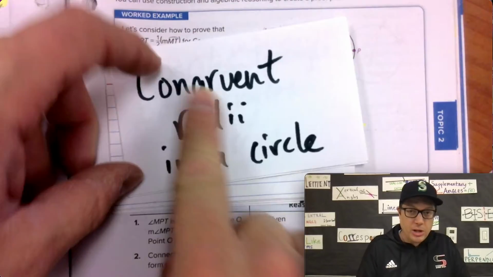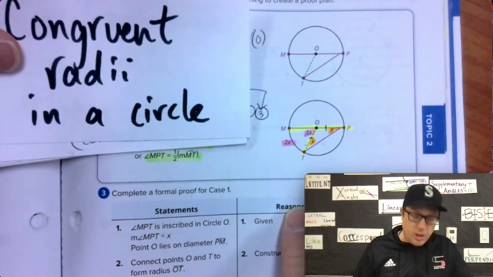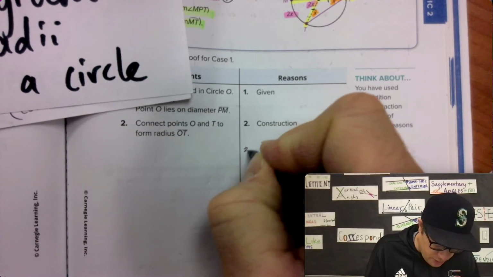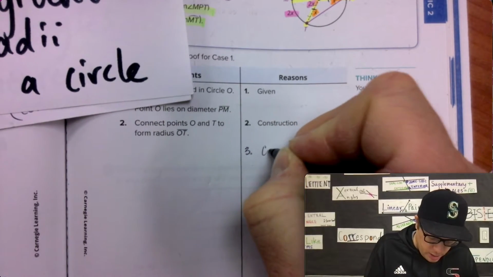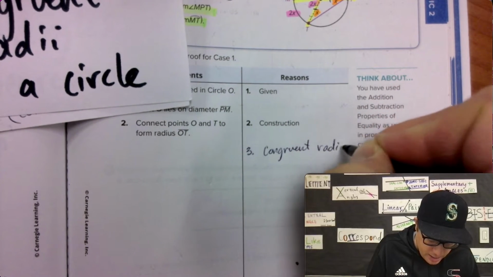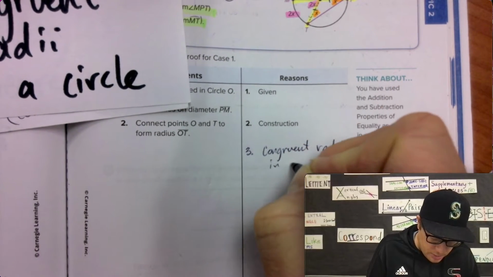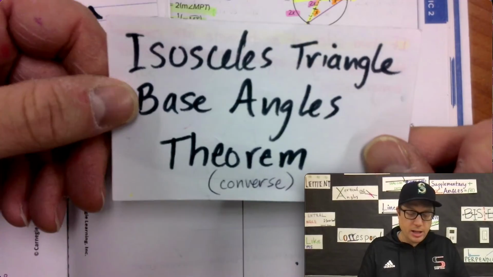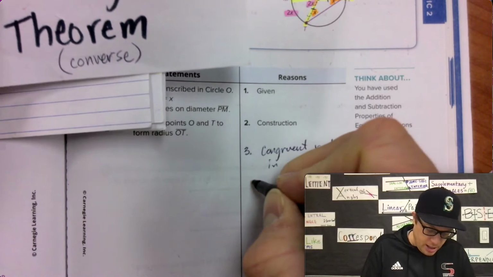I'm going to put this as my 3rd reason. Okay? Reason number 3. Congruent radii in a circle. Then I'm going to put this as my 4th reason.